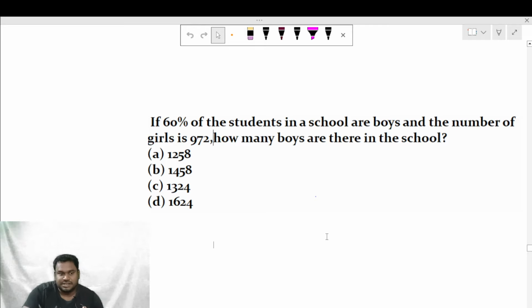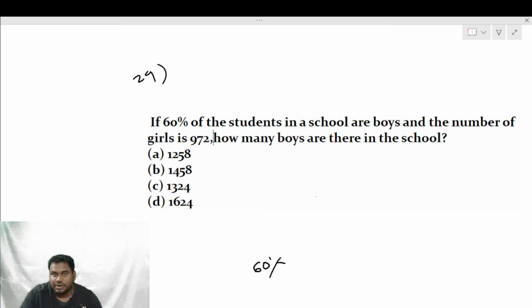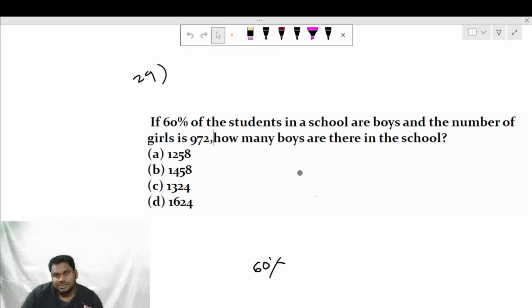See what he is saying. 60% of the students in a school are boys. 60% are boys, then the rest will be girls.